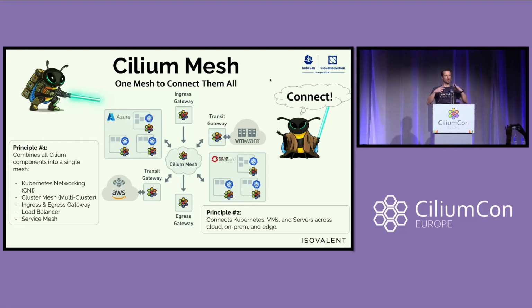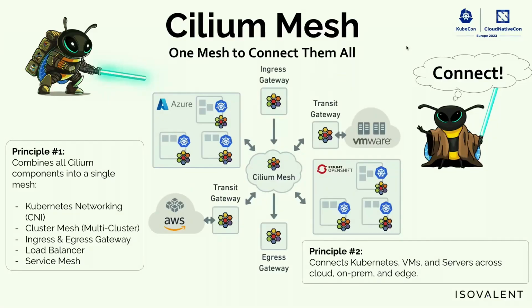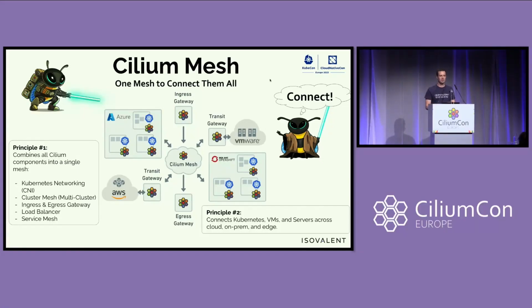Before this, we were only able to either run on Kubernetes worker nodes or run the Cilium agent on a virtual machine. With Cilium Mesh, we can now deploy a gateway, a router, into an existing network, into a VPC, into an on-prem network, and connect your existing workloads and networks along with it.